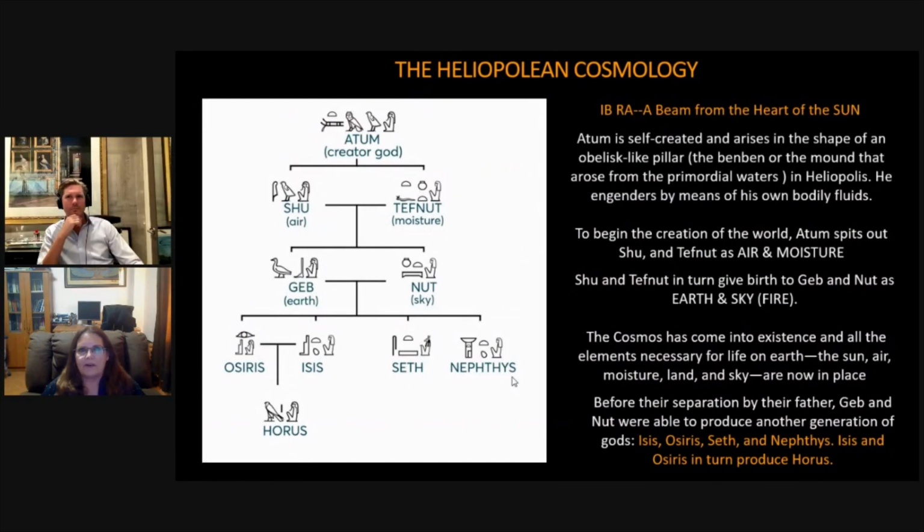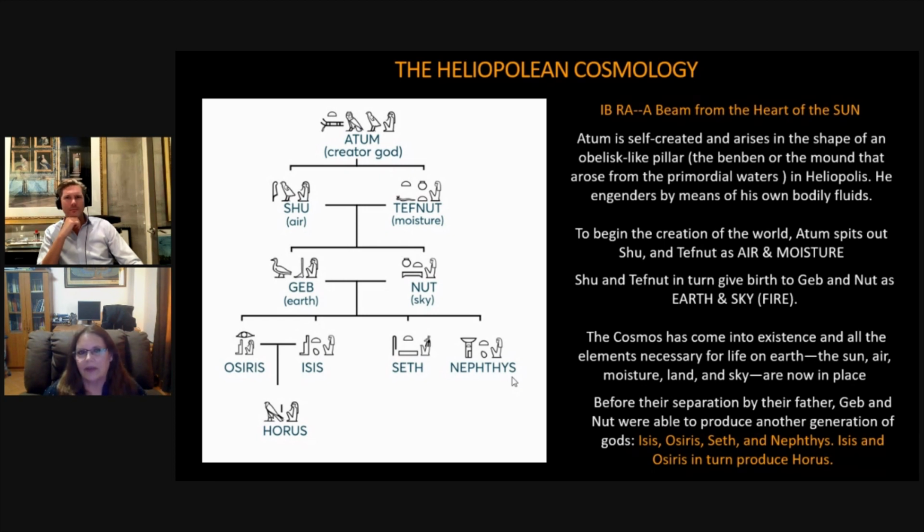But let's keep going. So I'm going to talk about the Heliopolitan cosmology, because this cosmology speaks to this process, as we are that first breath from nothing, and then Atum, we become Atum as that unmanifested potential begins to imagine life itself.